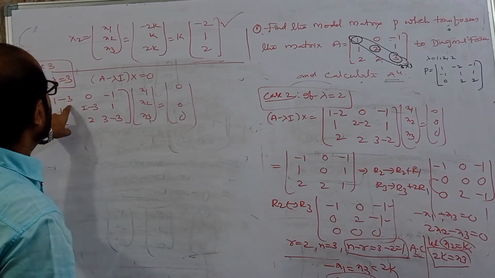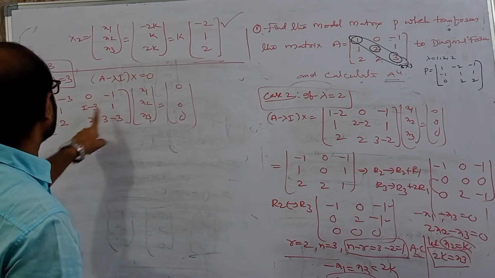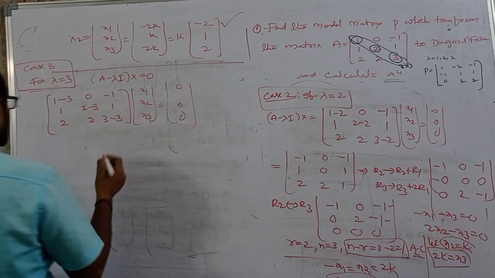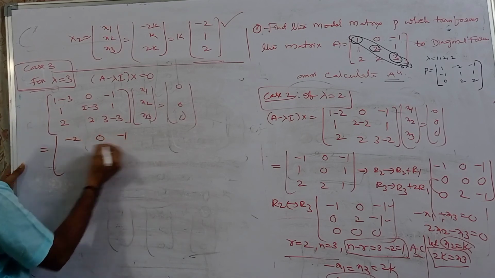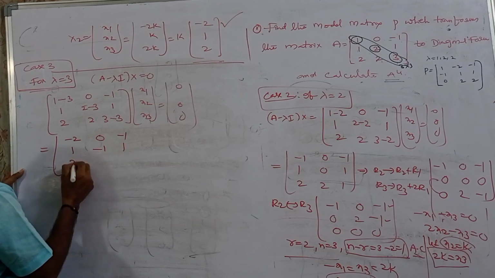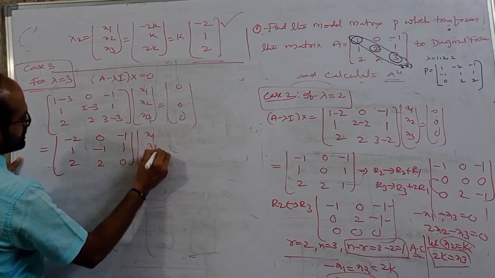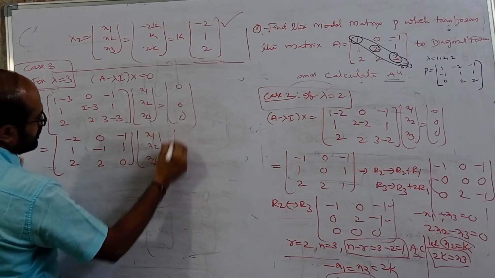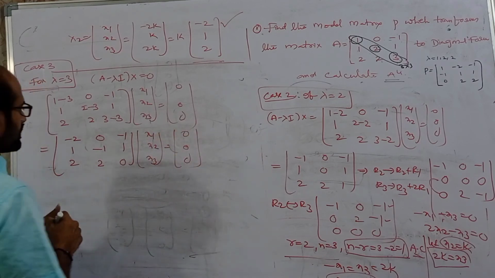Take care of this. Now what is this? 1 minus 3 is minus 2, 0, minus 1, 1, 2 minus 3 is minus 1, 1, 2, 2, 0, into x1, x2, x3 which is equal to 0, 0, 0, right?